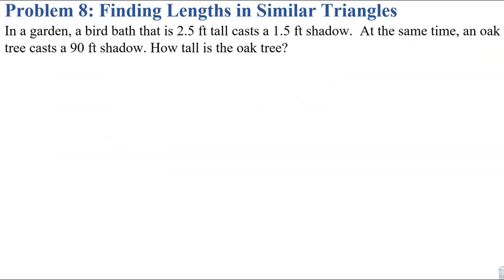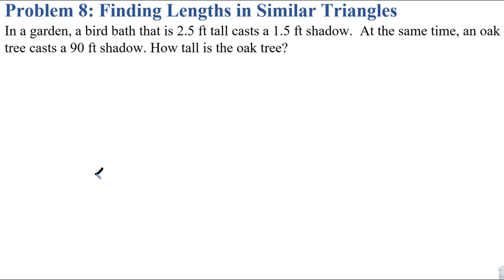And the last thing we're going to look at for this lesson is a nice practical application of similar triangles. It says that in a garden, a bird bath that is 2.5 feet tall casts a 1.5 foot shadow. At the same time, an oak tree casts a 90-foot shadow. We want to know how tall the oak tree is.